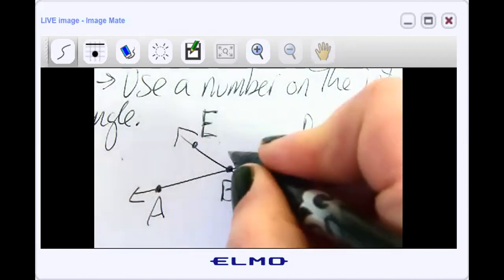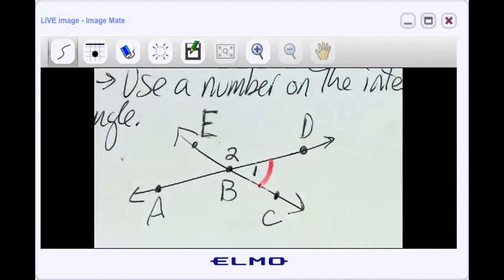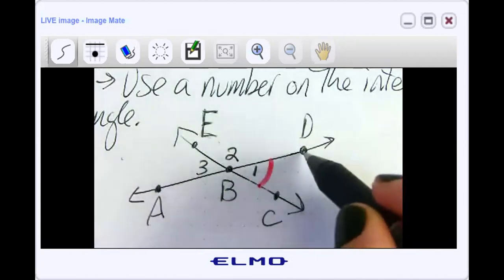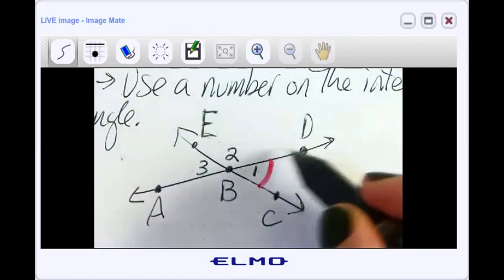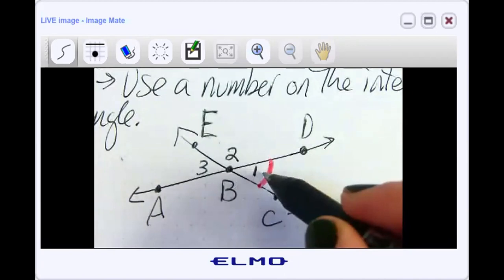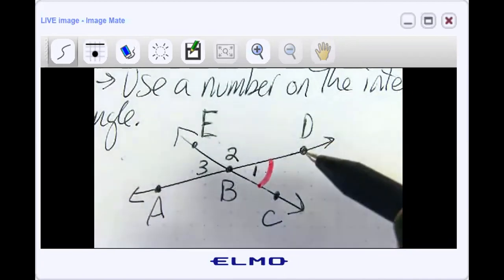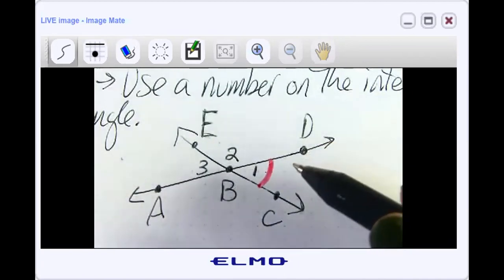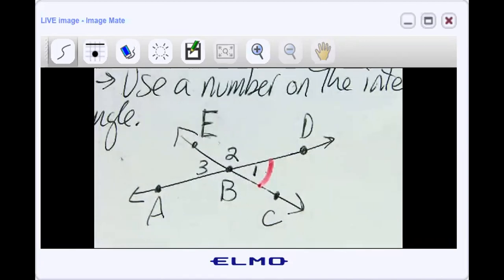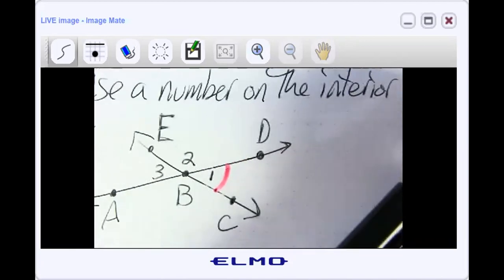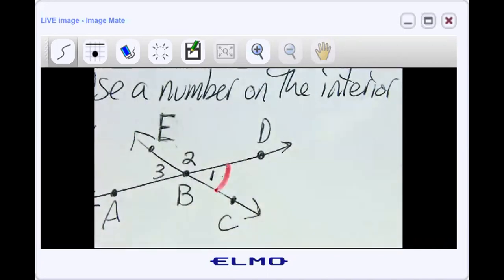Angle 1, maybe this will be angle 2, angle 3. So instead of calling this red angle DBC, I could just call it angle 1 if I wanted to. It sort of simplifies everything, and it still is pretty easy. I can see it. That's always going to be our easiest way.